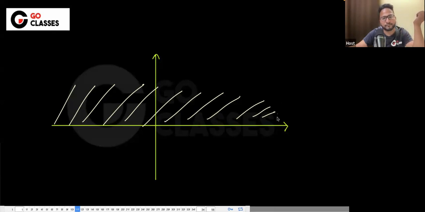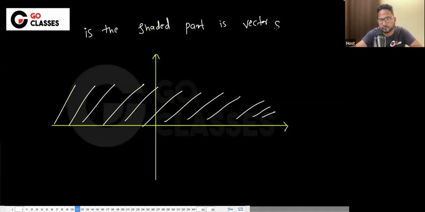What do you think? If it is no, then can you tell me why no? Why is this not a vector space? So I'm asking you, is the shaded part a vector space? Just think about it.